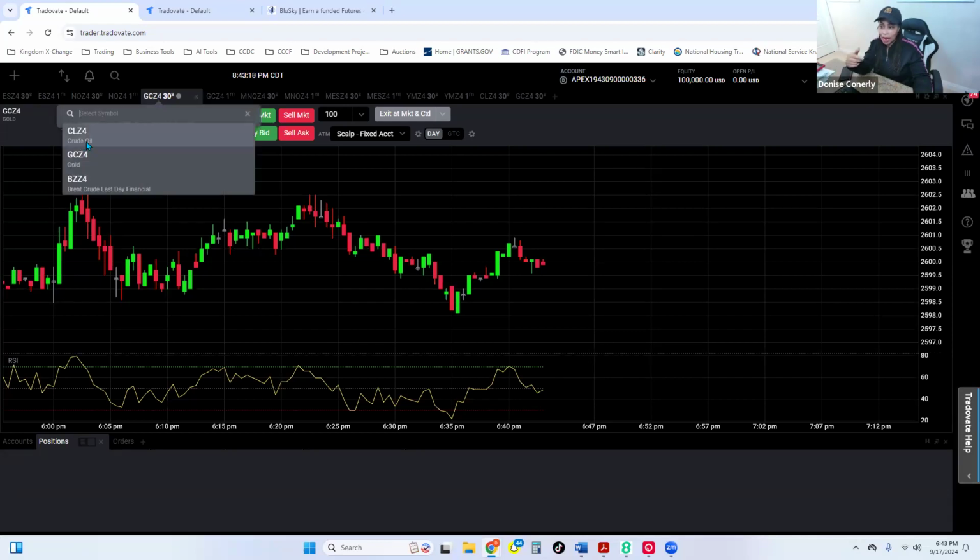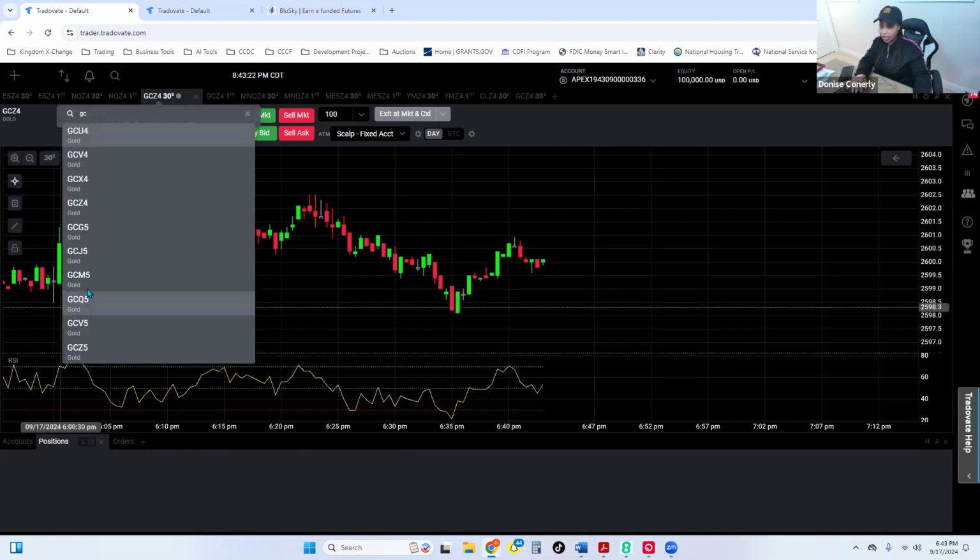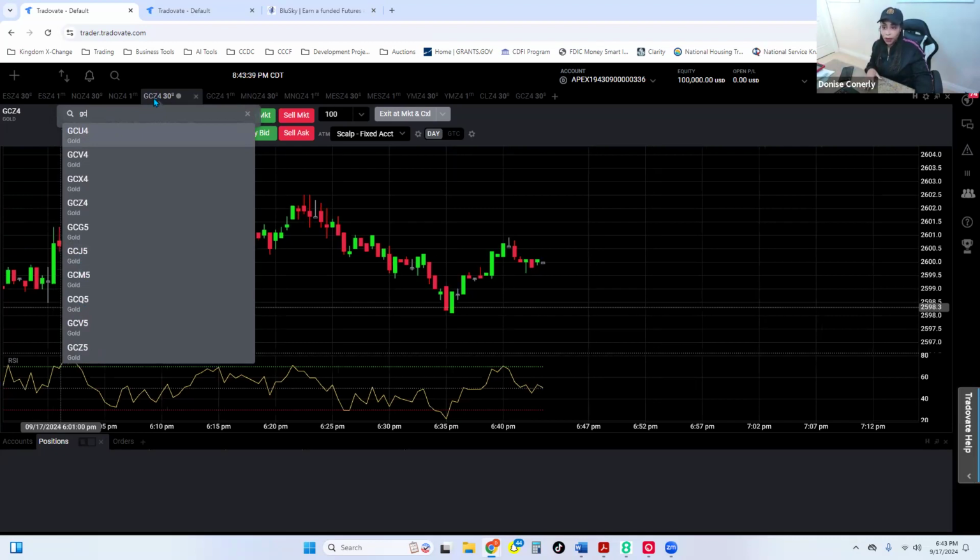If you drop down and I type in GC, you see how you have these 5s. This is January, this is March. So there are contracts all the way to 2025 that you could trade. So that's what the 4 is for, indicating 2024. The Z is like she explained to you, but the actual asset is the first two letters. That's what you worry about.